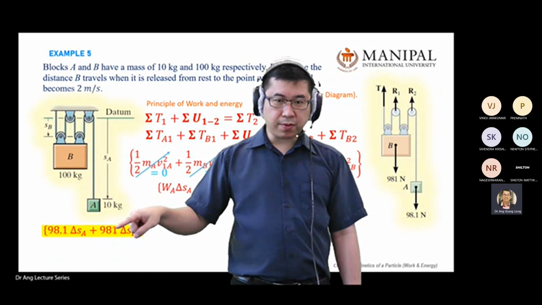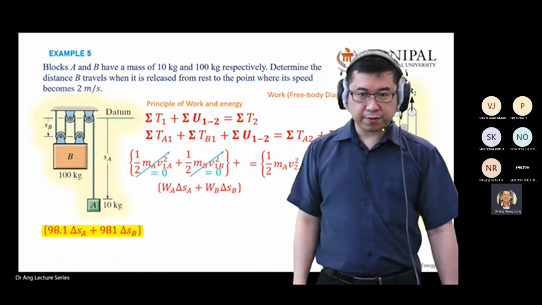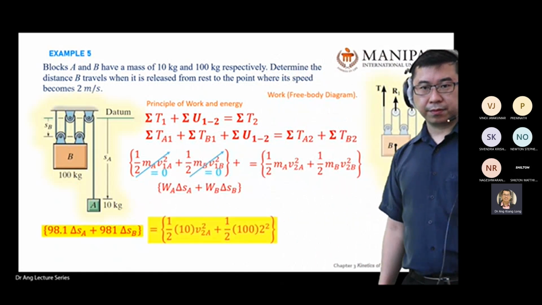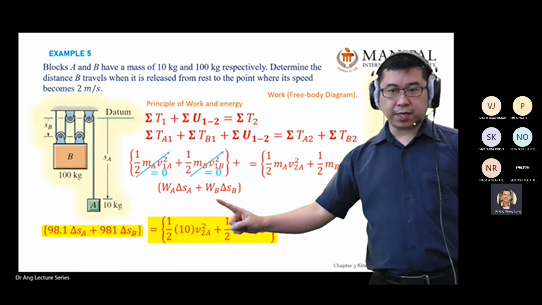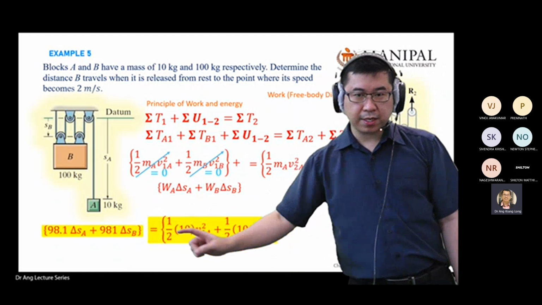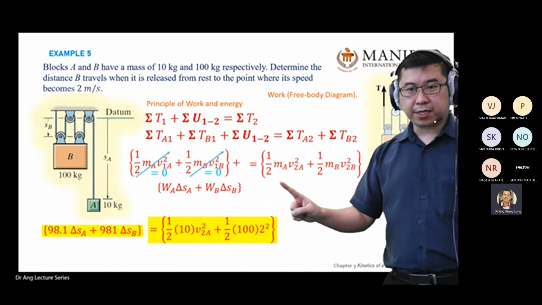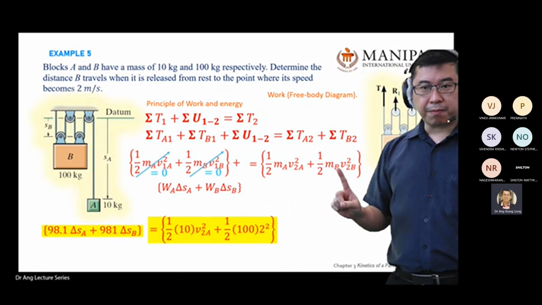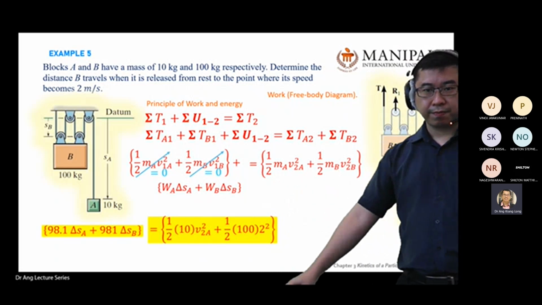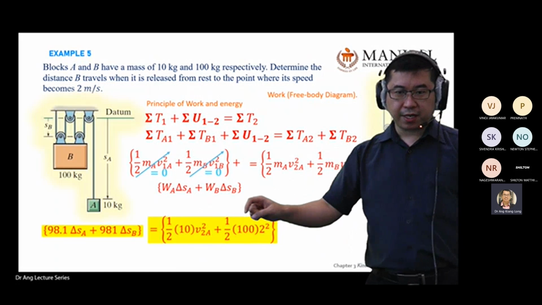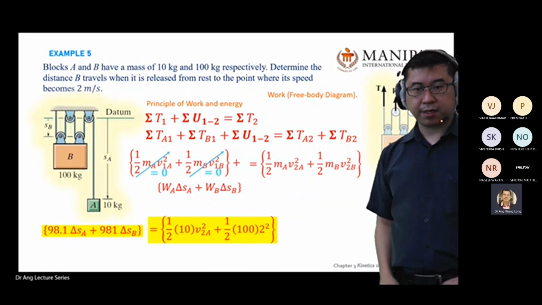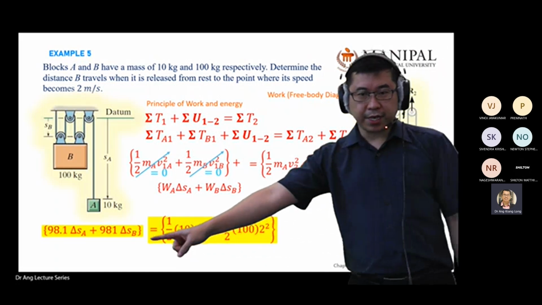W times S, you get work. Both positive. So this one equals this one. This one, you copy, substitute the mass of A, mass of B, inside this equation.